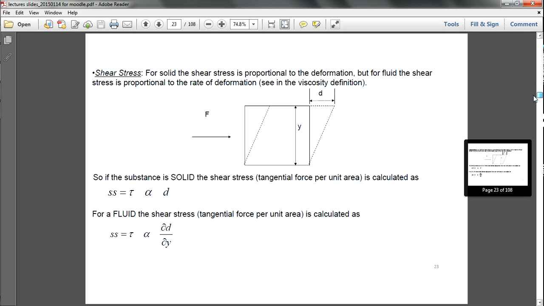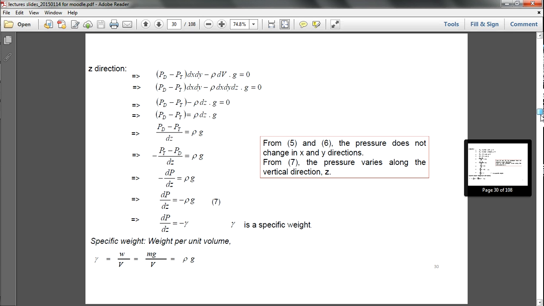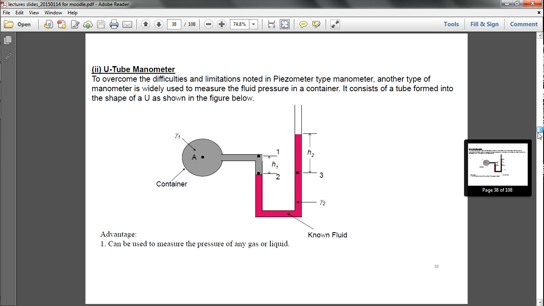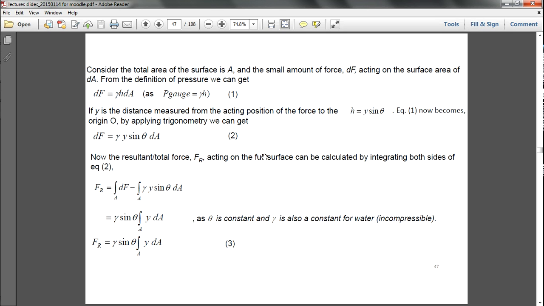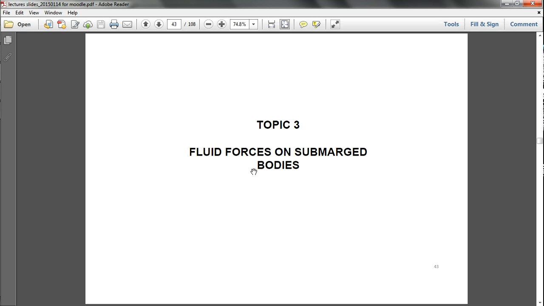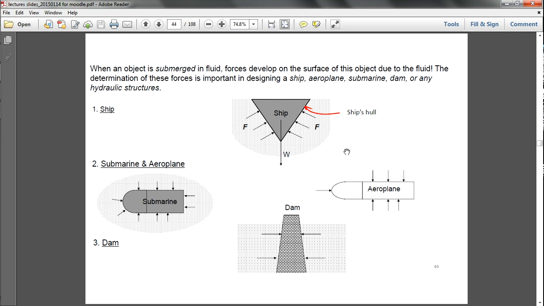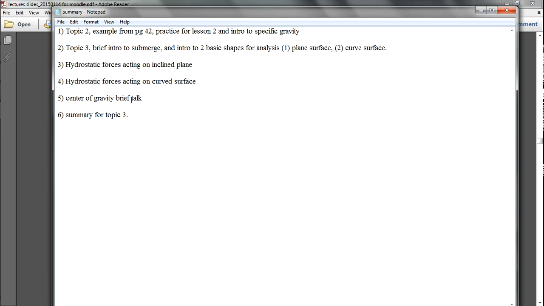For topic 2, we talked about hydrostatic fluid pressure, everything about pressure. Now we talk about how, when you submerge your object into the sea or maybe air, it will change due to pressure. After which we will talk about center of gravity and then a summary for the whole topic 3.